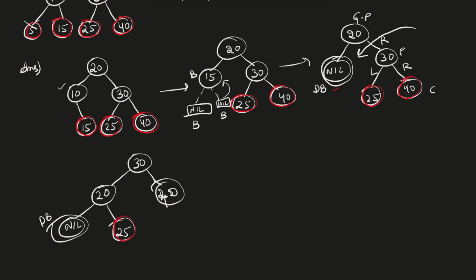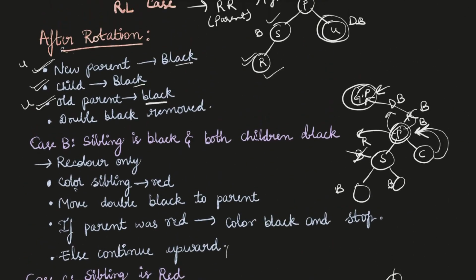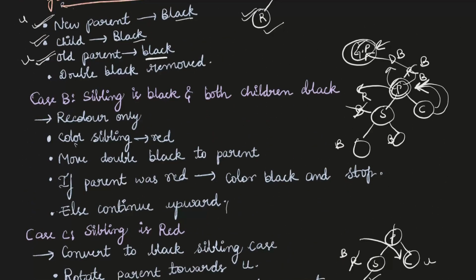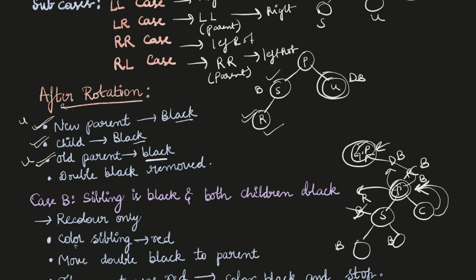25 with red color. Now before coloring the rest of the others, we need to see the rules of recoloring again. Recoloring says that the new parent would be black, the old parent black, and the child which we have selected also becomes black.